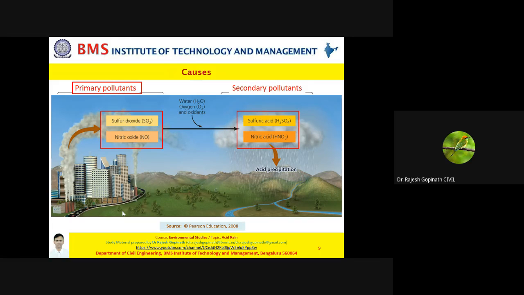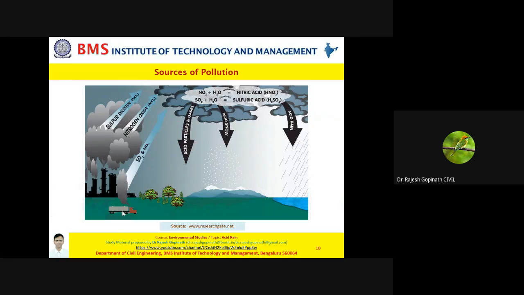Now, with this information, let's move further to understand what the sources for the production of these primary pollutants are. Friends, for any form of air pollution, you can have a natural source and an anthropogenic source, that is, a man-made source. When it comes to natural sources, the most important sources for sulfur dioxide are volcanic eruptions and forest fires.